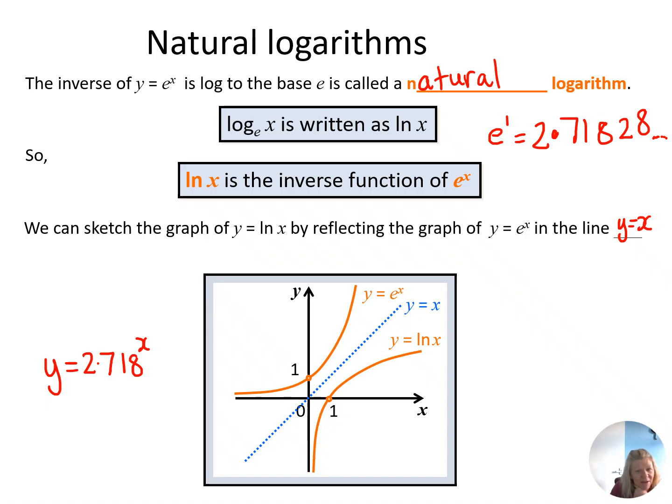So the gradient at that point is the same as wherever you are on the curve. And that means that when you differentiate e to the x, it stays e to the x. Amazing.